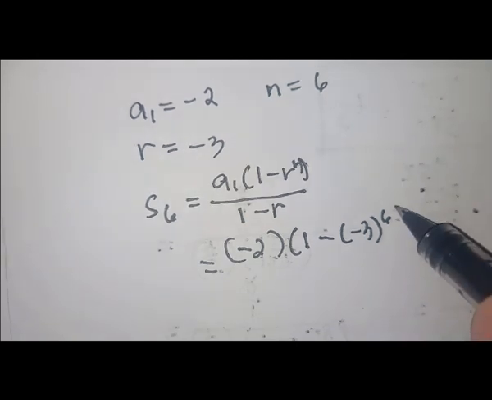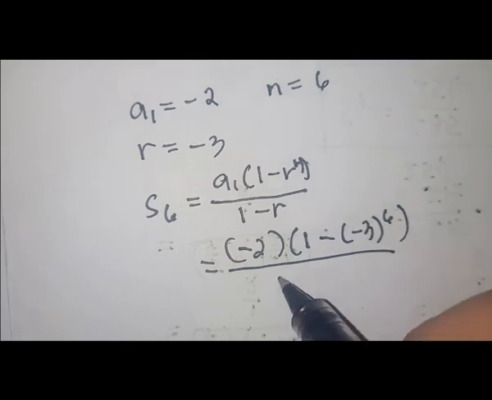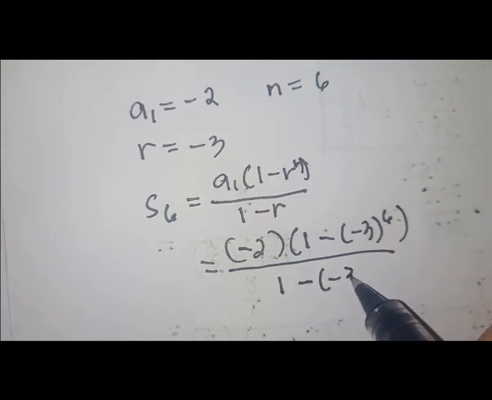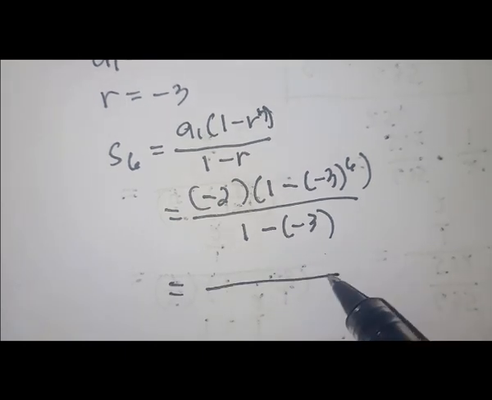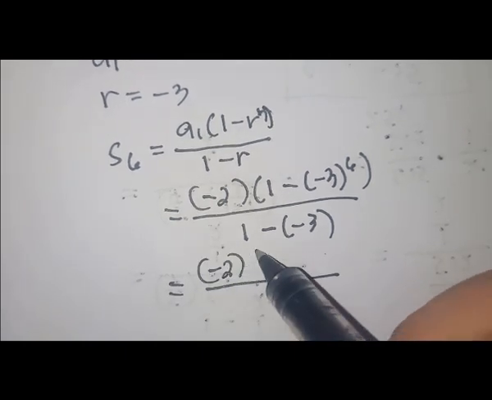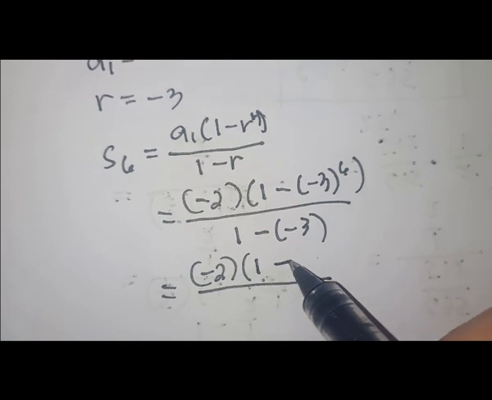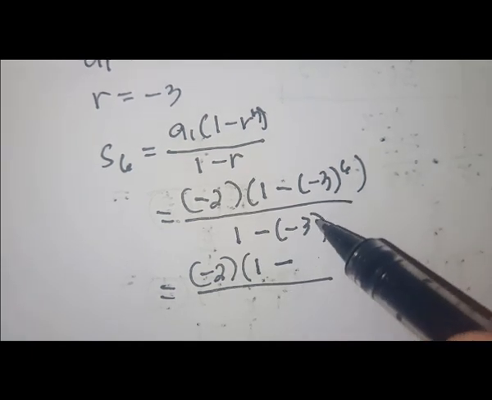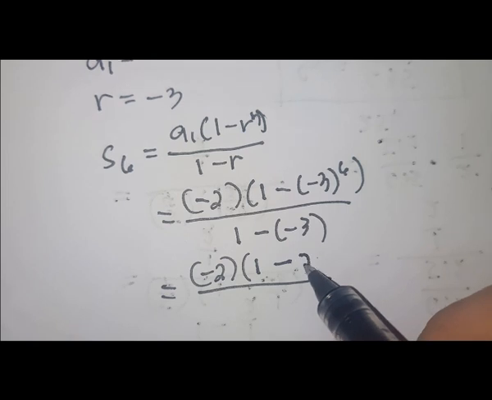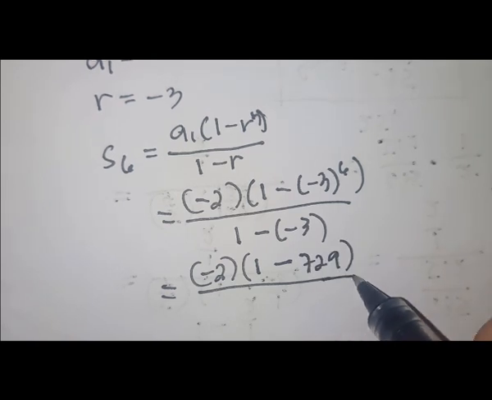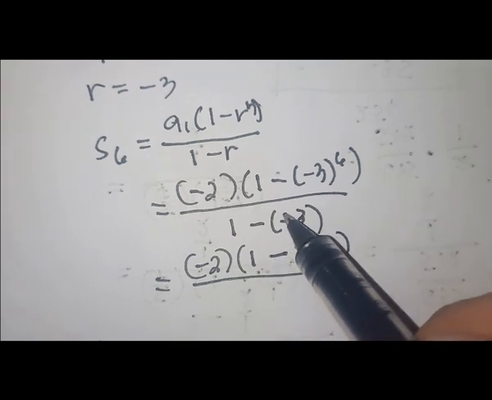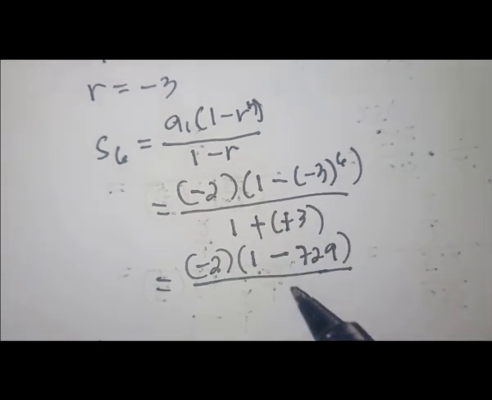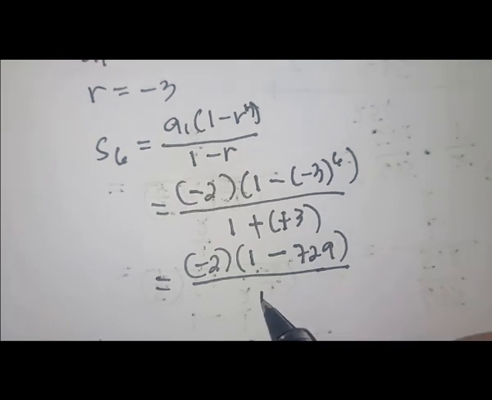Divide by 1 minus negative 3. Equals, we have negative 2 times 1 minus negative 3 raised to 6 will give you 729, over. This is unlike sign. Change the sign of the subtrahend, proceed to addition. So, 1 plus 3, magkakaroon tayo ngayon ng 4.